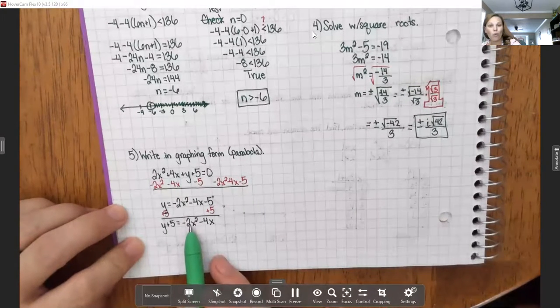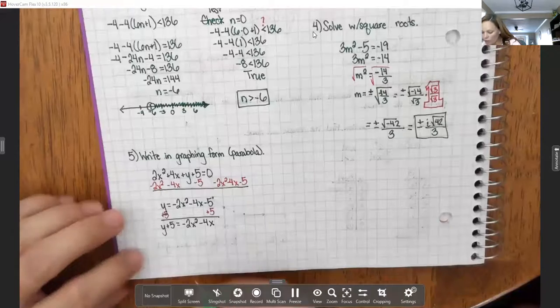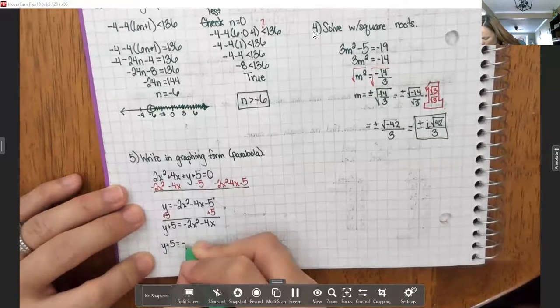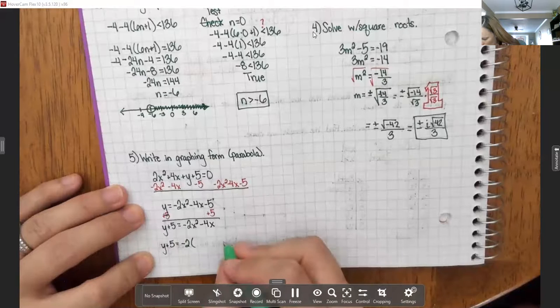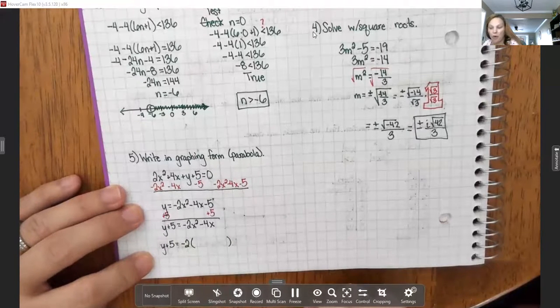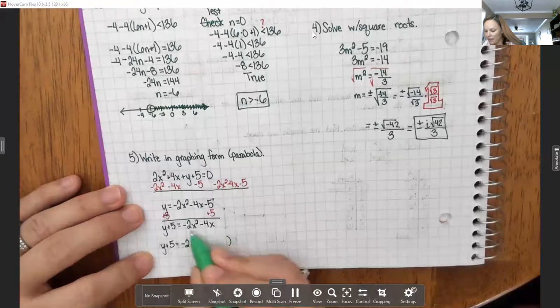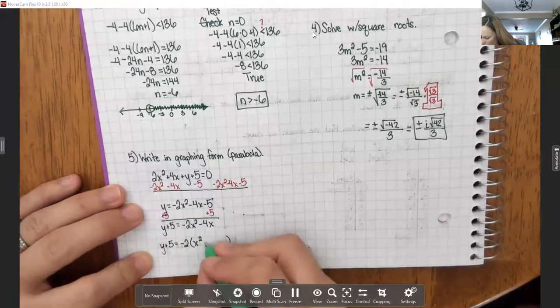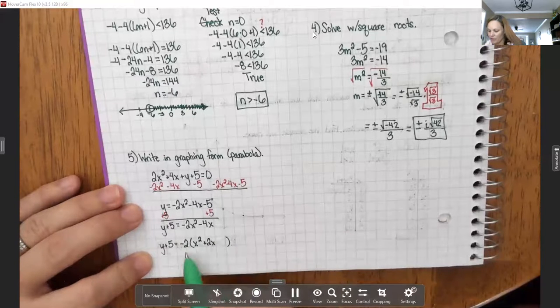Since a is not 1, we have to factor it out. So you're doing your distributive property backwards. Basically, you're dividing this by -2, whatever a is, and I get x squared plus 2x. This is plus 2x, because if I divide -4x by -2, I get +2.